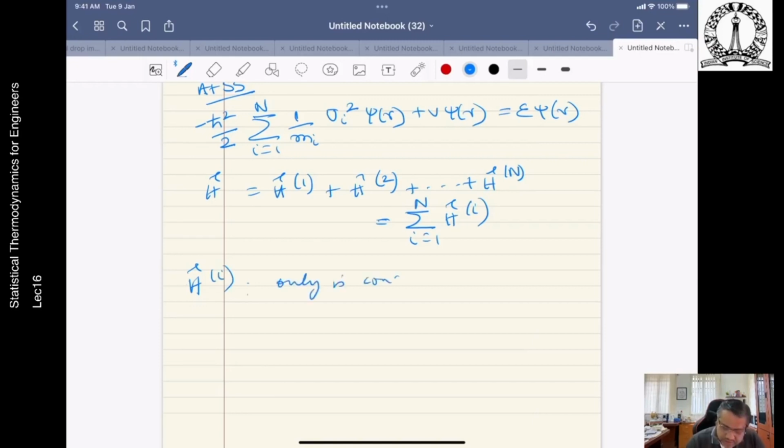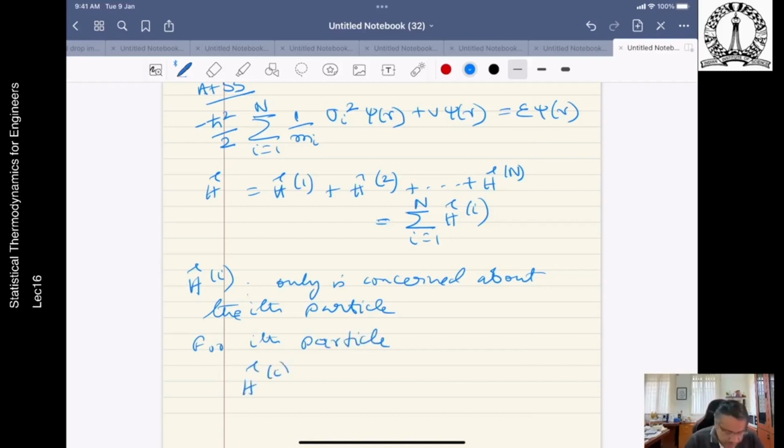For the ith particle, H hat i psi i is equal to E i psi i. This is for the ith particle only.